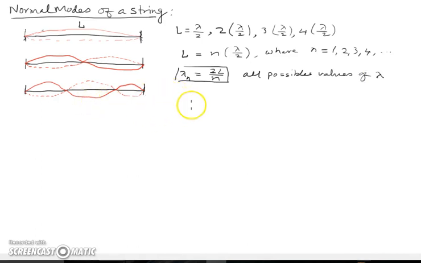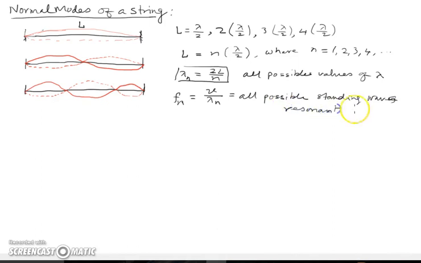Or we can write Fn is equal to V over lambda n, right? And this Fn is all possible standing wave resonant frequencies.